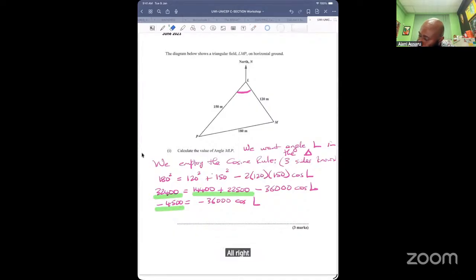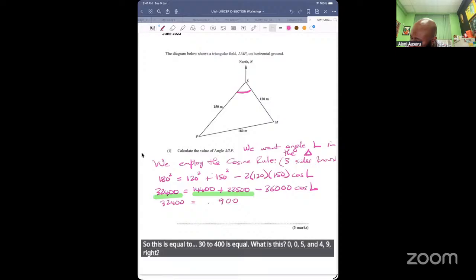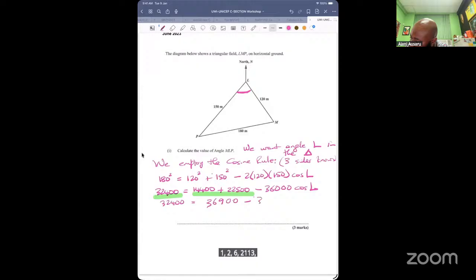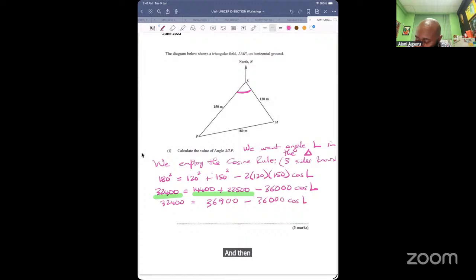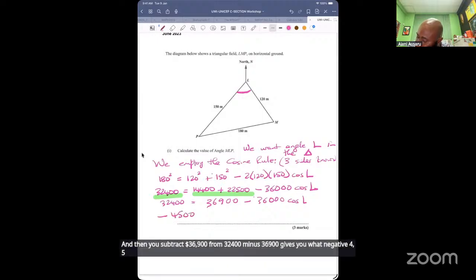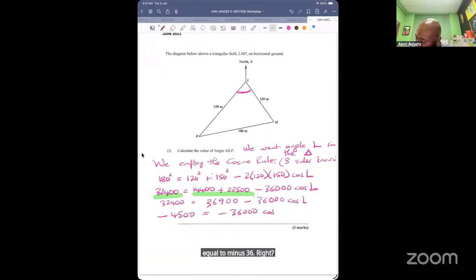If you add this and this and subtract it from 32,400, you get negative 4,500. Let me write it out properly. 32,400 minus 36,900 gives you negative 4,500, equal to minus 36,000 cos L. And you want to make cos L the subject, because it's L we want.